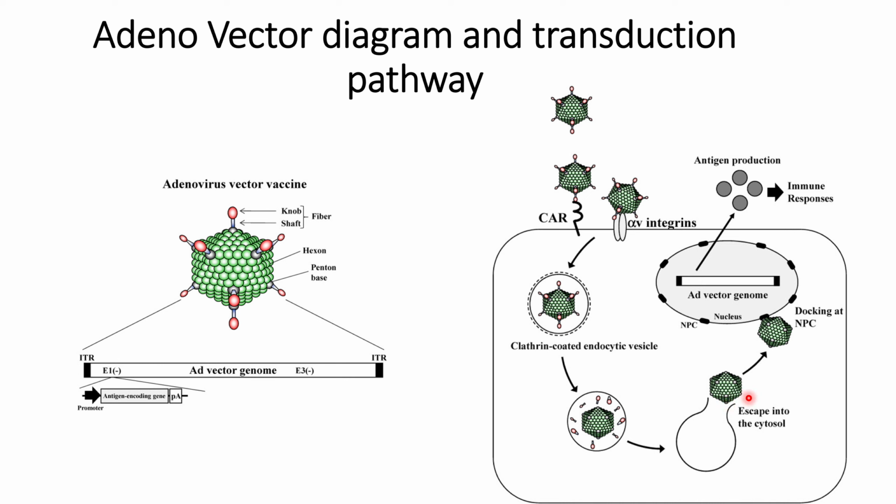Once it escapes into the cytosol of the cell, it can move towards the nuclear pores present on the nucleus, where docking at the NPC, nuclear pore sites, can occur. Once it has docked at the nuclear pore sites, it can inject its adenovirus vector genome.